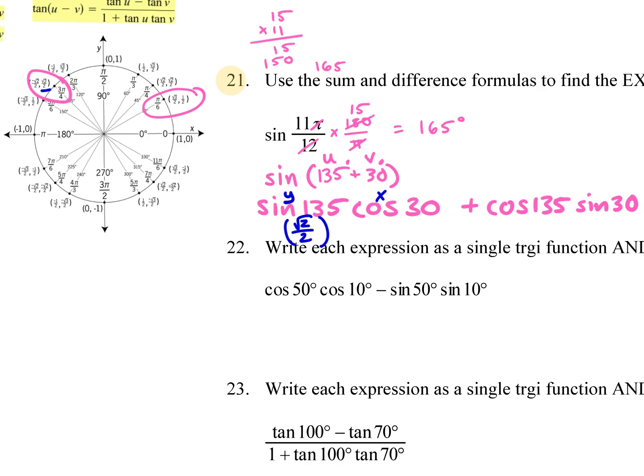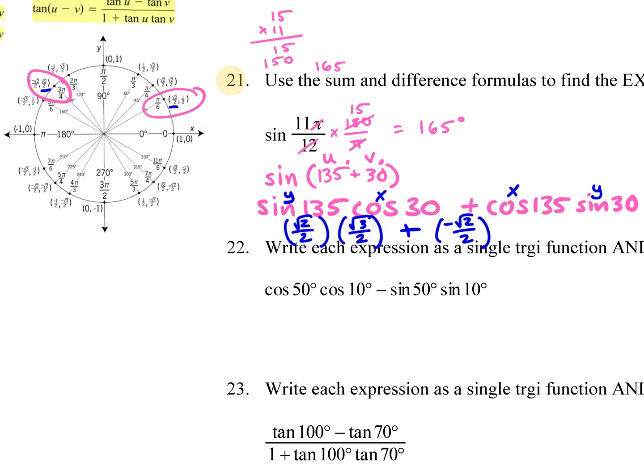What's our x value at 30 degrees? Square root 3 over 2. Perfect. Plus cosine of 135. Cosine tells us we look at the x value. What's our x value at 135? Negative square root 2 over 2. And then sine tells us we look at the y value. What's our y value at 30?